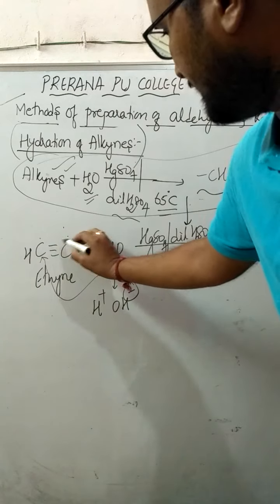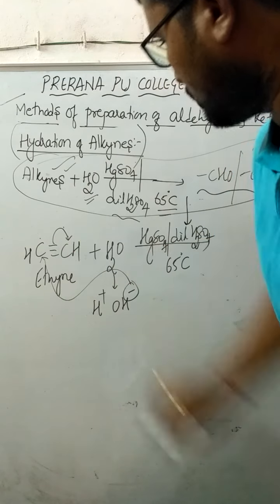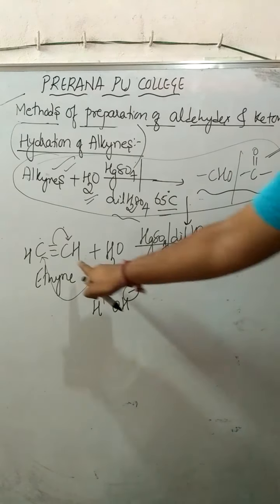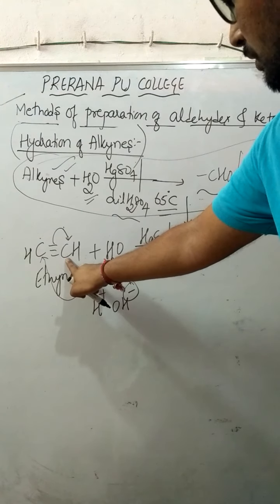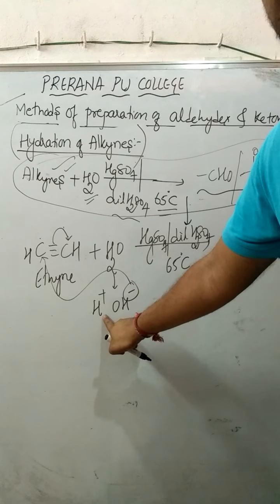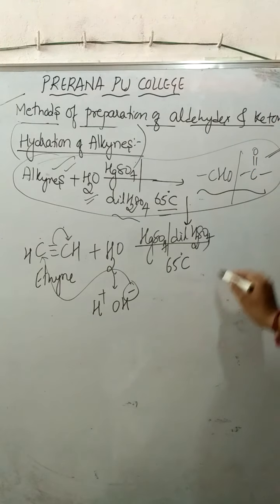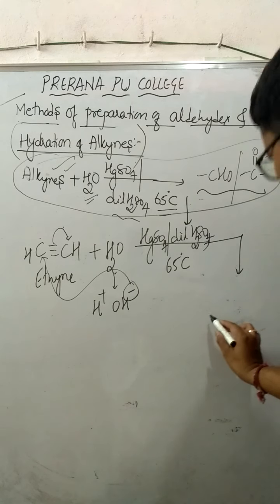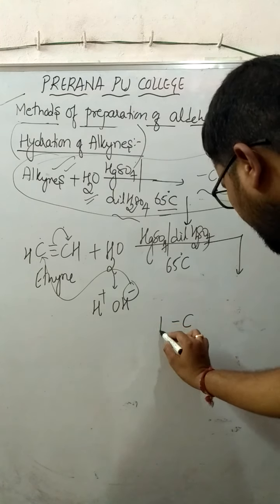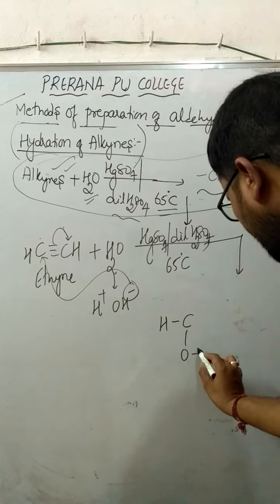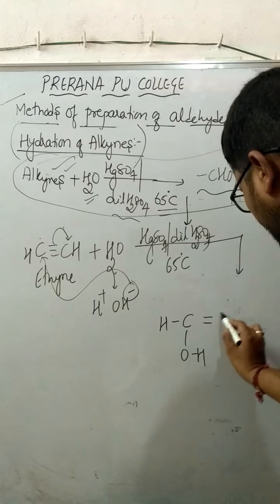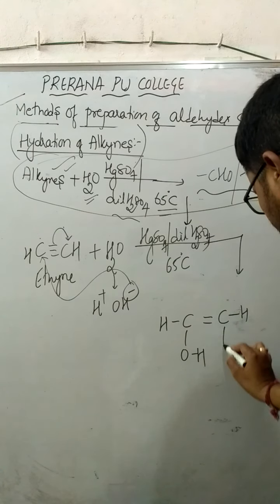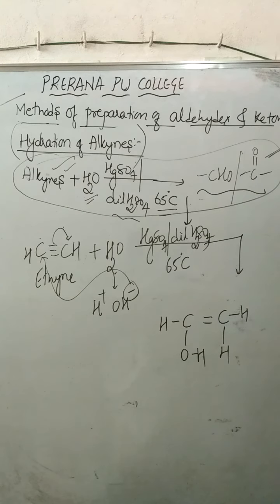When OH binds to carbon, one of the pi electrons shifts onto the other carbon, so that carbon becomes negative. The negatively charged carbon will take away an H plus ion, so that I can write the intermediate as CH with OH, double bond CH along with H. So this will be the intermediate that is obtained during the course of the chemical reaction.